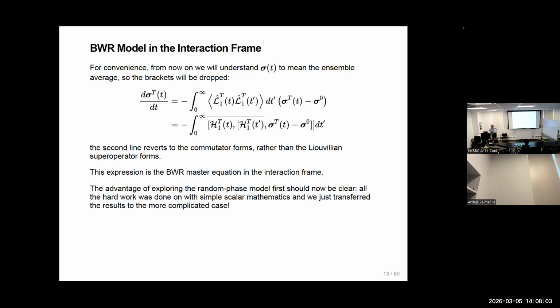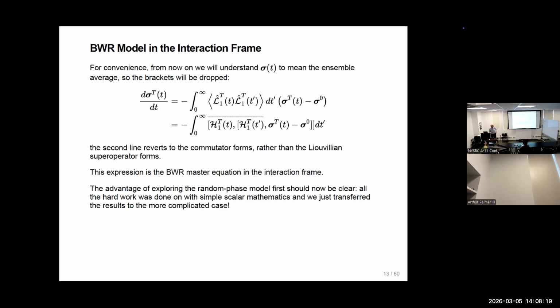So I have L1 at T, right, and L1 at T prime. And they look there like they're multiplying each other, but remember, they're operators.